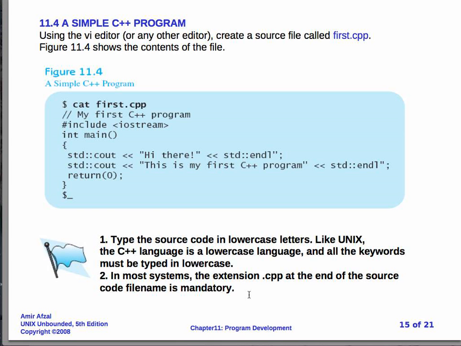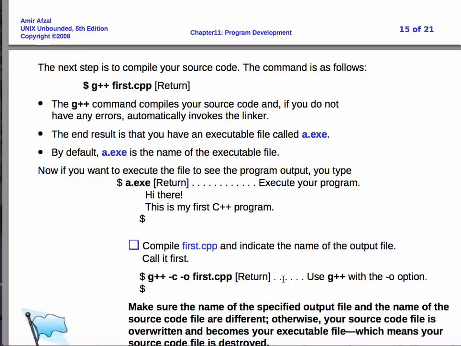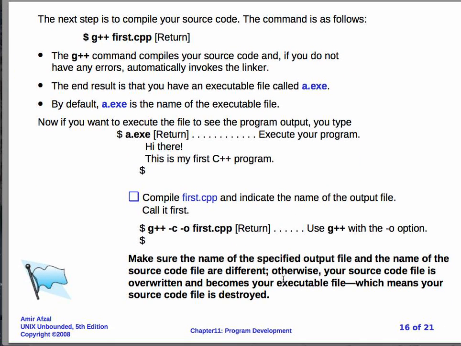If you have a C++ program, you want to give it the file extension .cpp. Some people use .C, uppercase, or .cxx, but let's just stick with .cpp for all our programs. So to compile, you do the same thing as with cc. You say g++, and by default it creates an a.out file.